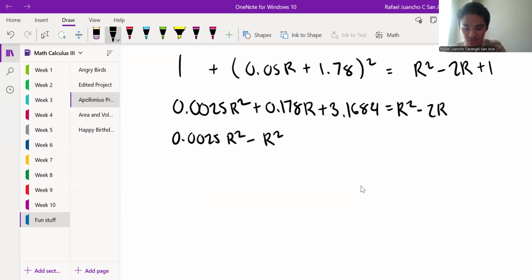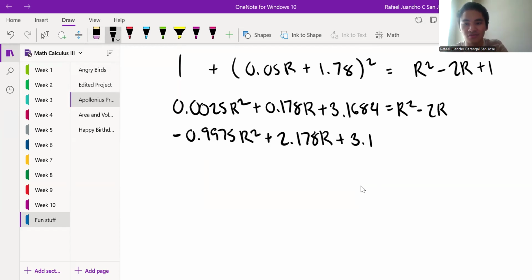So minus 1. Well, that's just negative 0. Let me just actually solve it. 9975 r squared. And then this is plus 2. So 2.178. Yeah, and then this one stays. And that's equal to 0.